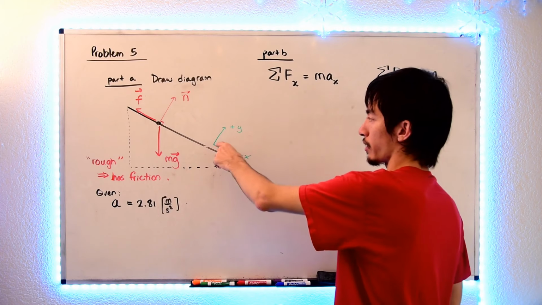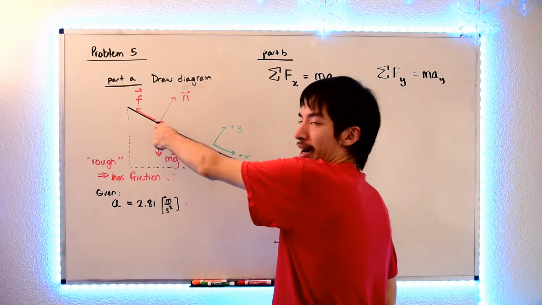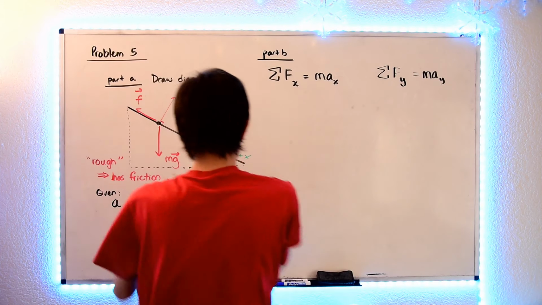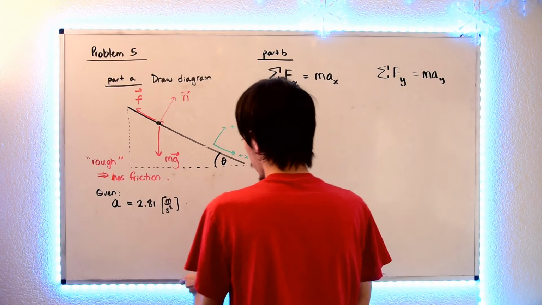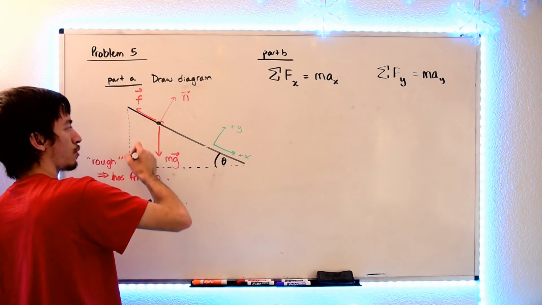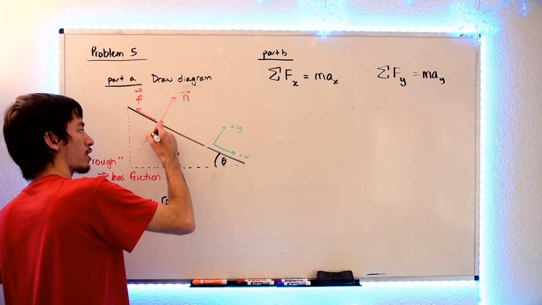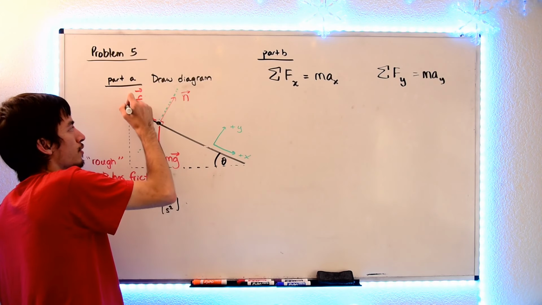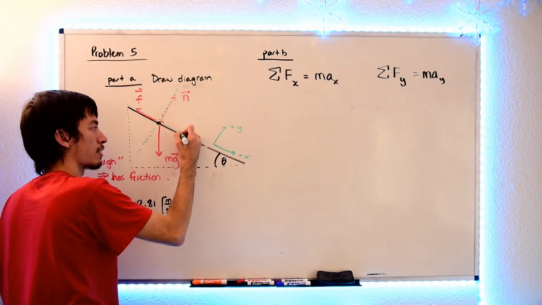What I'm going to do is draw the coordinate system on the mass. I'm going to take this and just move it onto the mass to better see what has what component. So perpendicular to the slide along this direction is the y-axis, and along the slide itself is the x direction. Okay?